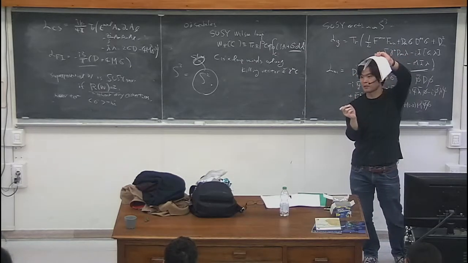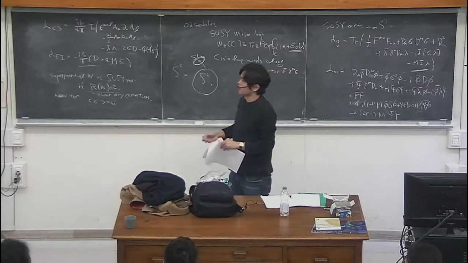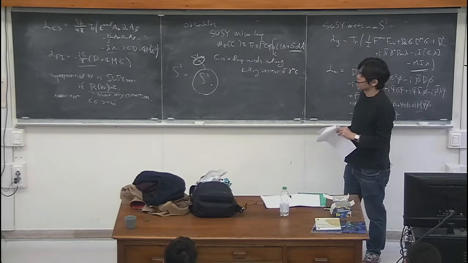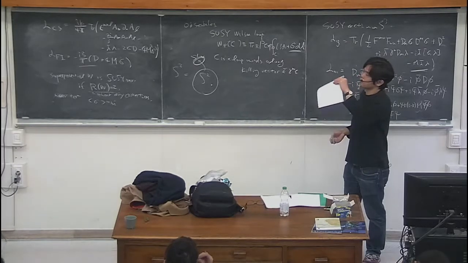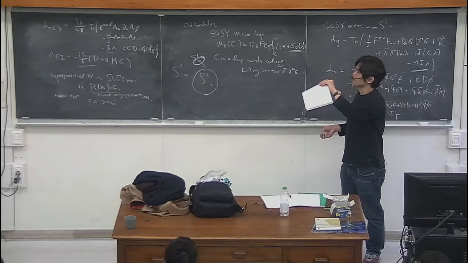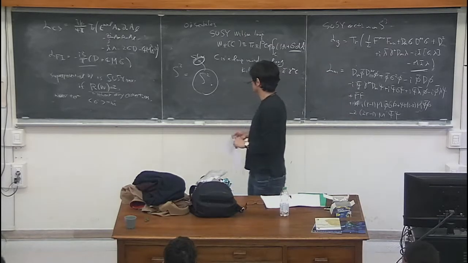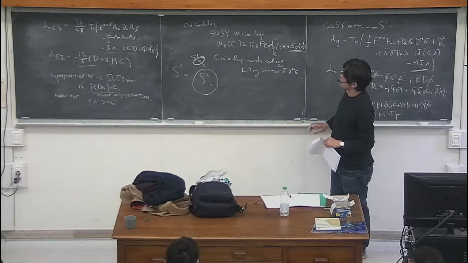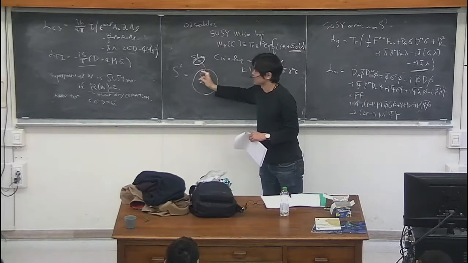Then there is some additional term in the localization technique, and it's not so simple. In the S2 and S4 case, there are fixed points of the Killing vector, and we need to consider instanton corrections at the singularity of the Killing vector. But in this S3 case, there is a nice Killing vector which doesn't have any singularity.